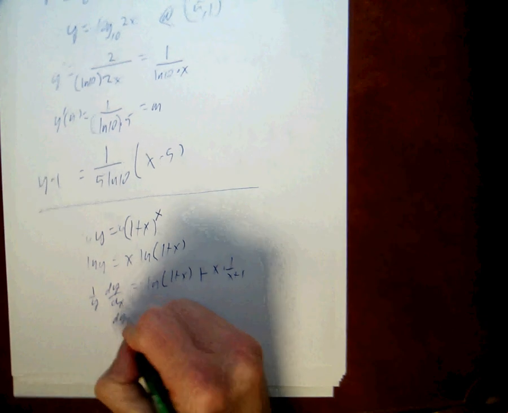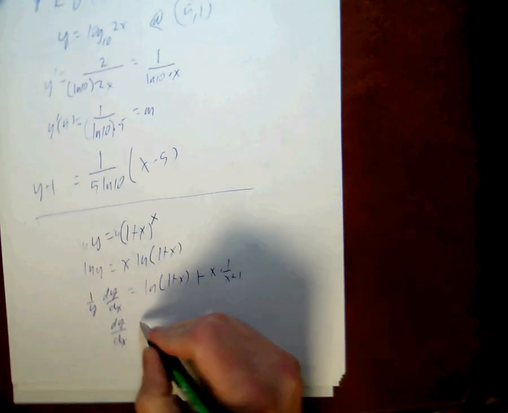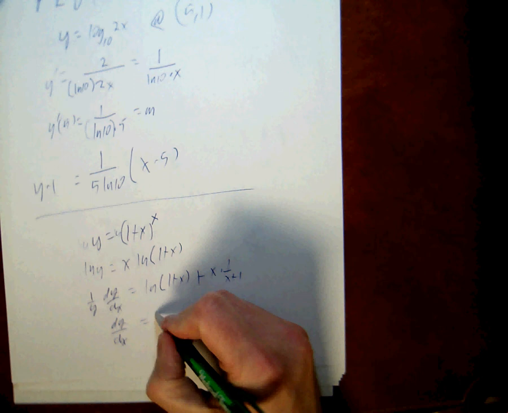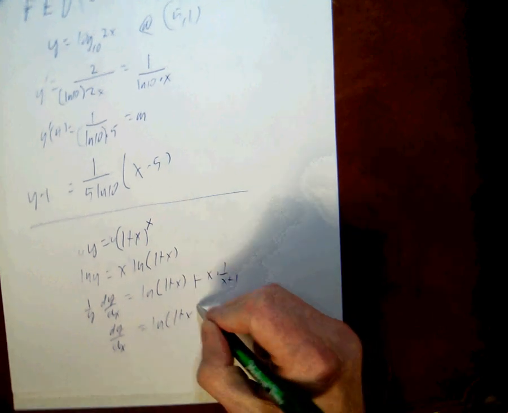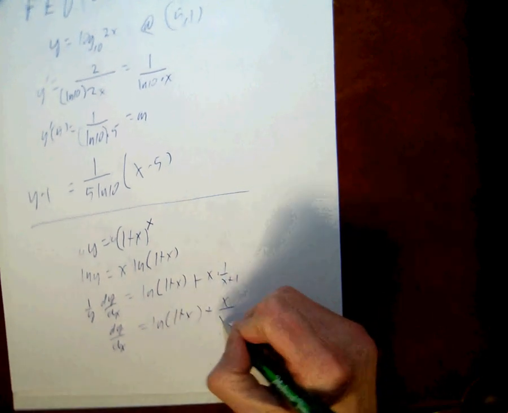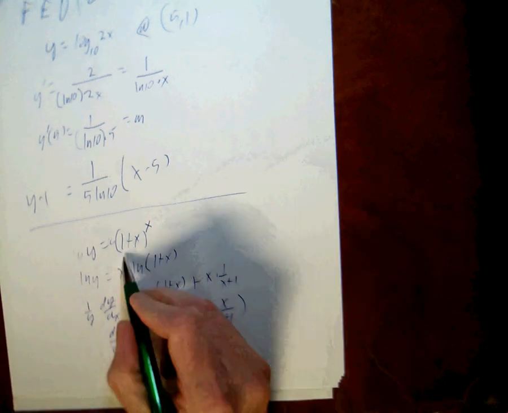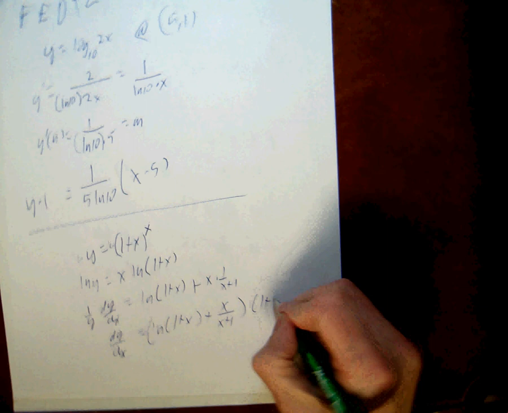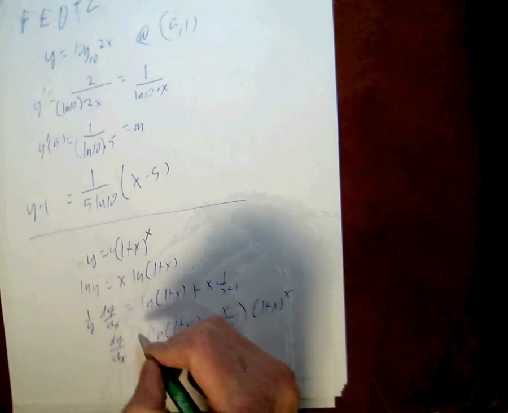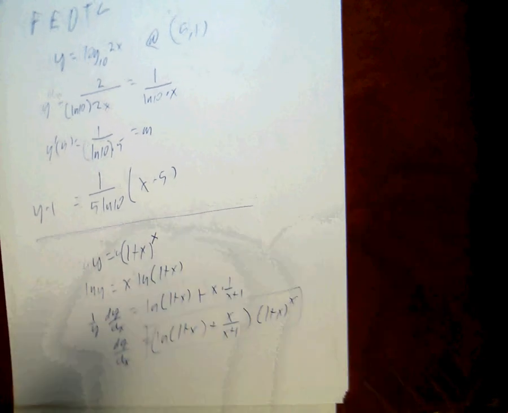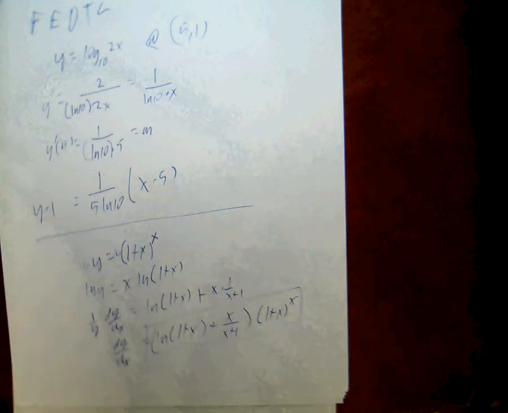End up with dy over dx equals natural log of 1 plus x plus x over x plus 1. All that times y, but since y is equal to this, I end up with 1 plus x to the x. And there's our answer.